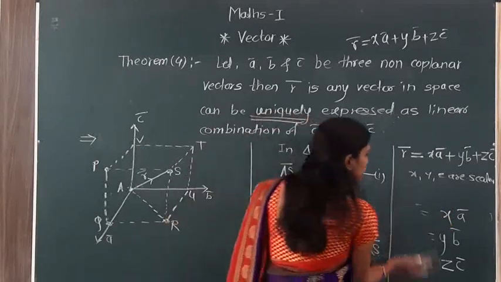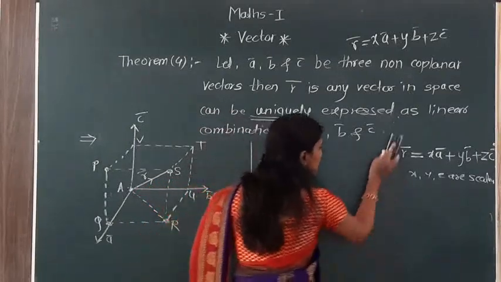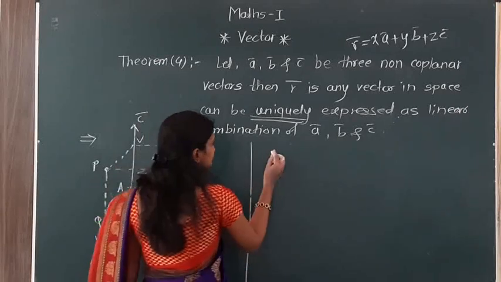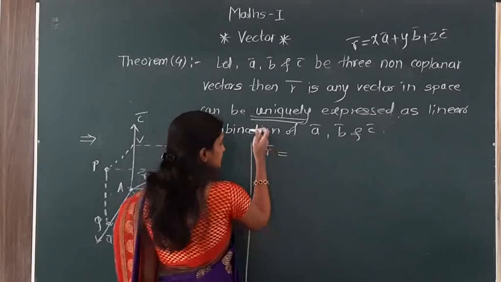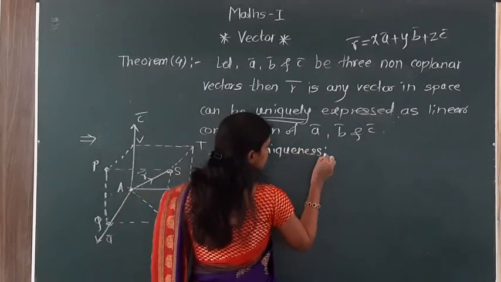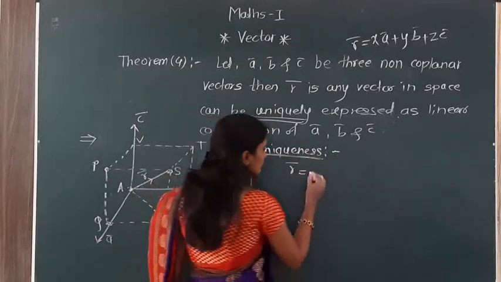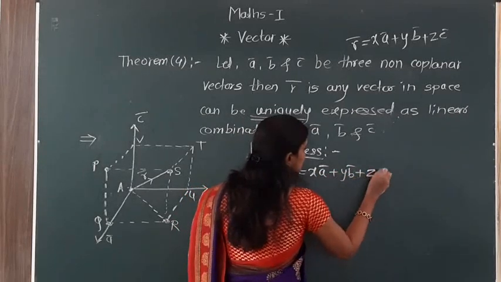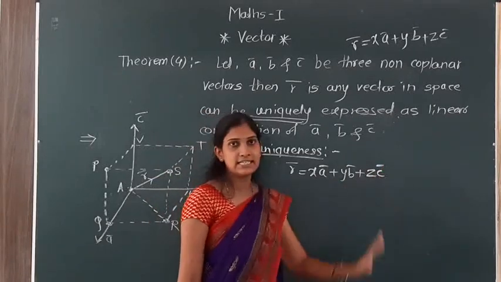Now what is the uniqueness proof? By our proof, R bar is equal to x A bar plus y B bar plus z C bar.